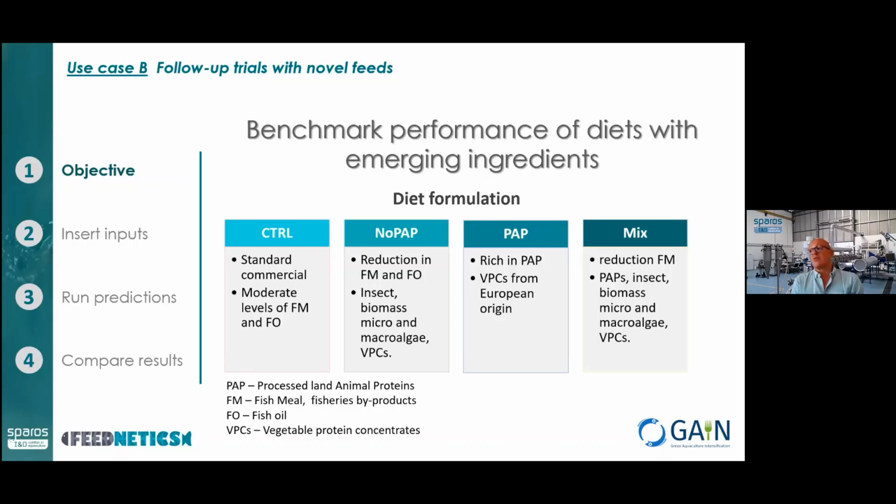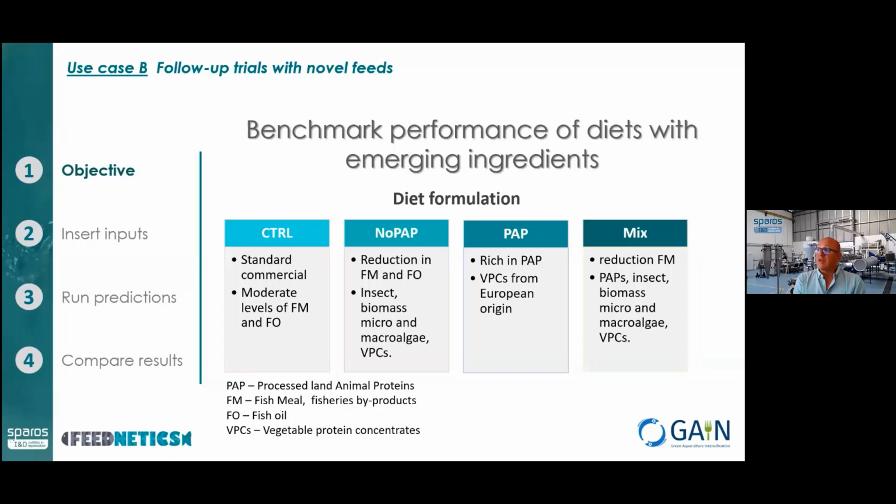And we wanted to compare this with three alternative formulations based on ingredients which in theory have a higher sustainability profile and also have a good evaluation in terms of circularity, meaning that they promote more efficient use of resources.